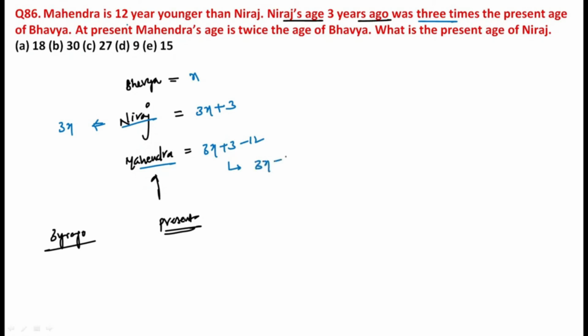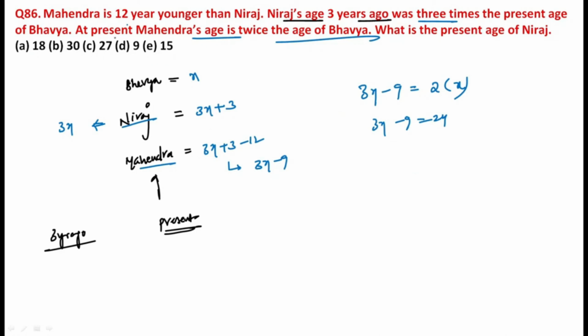Now you get the value 3x minus 9. At present, Mahindra's age is twice Bhavya's. So 3x minus 9 is exactly equal to 2 times Bhavya, 2x. Mahindra's age is twice Bhavya's age. So I just observe that.